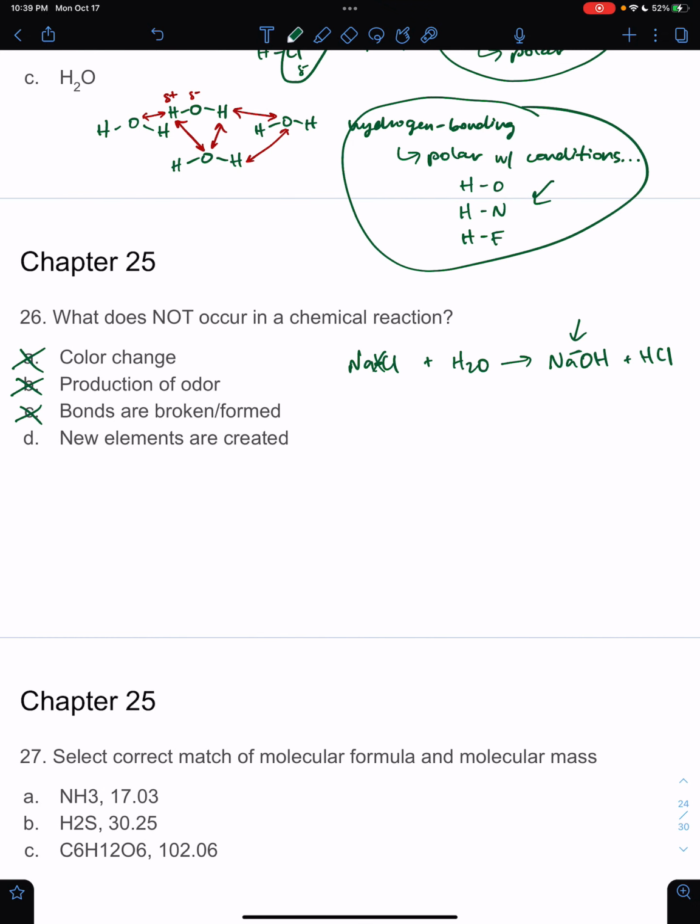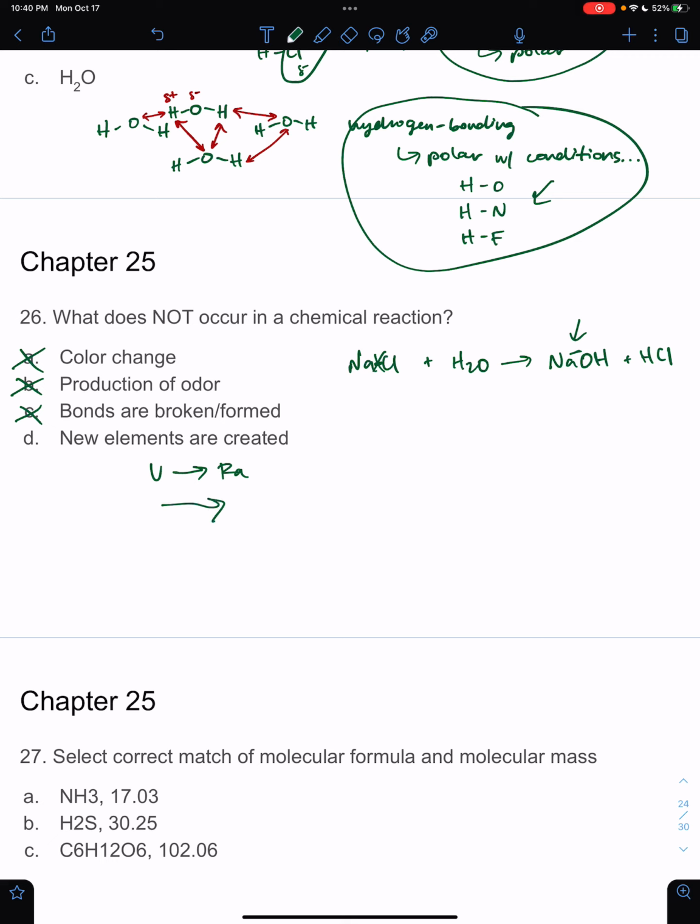So the last one says new elements are created. This one is referring to the difference between a chemical reaction versus a nuclear reaction, like we talked about earlier. So this one would be like uranium turning into, I can't remember exactly which one comes after uranium, but those ones we did earlier where the atomic number changed, so that would turn a uranium into something else.